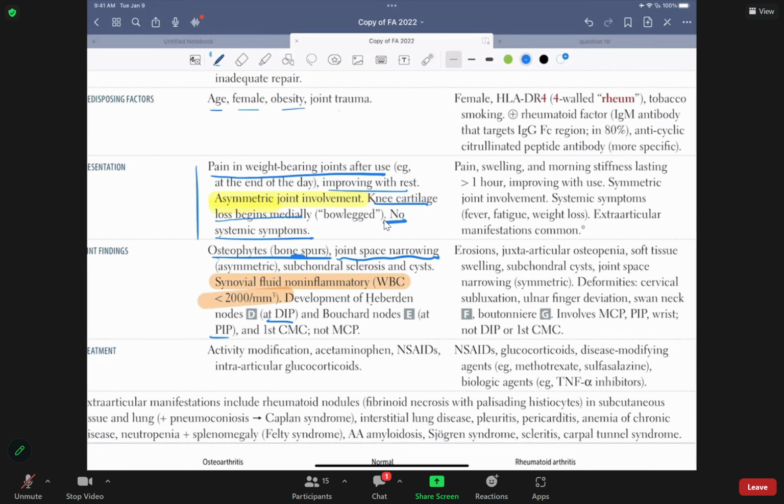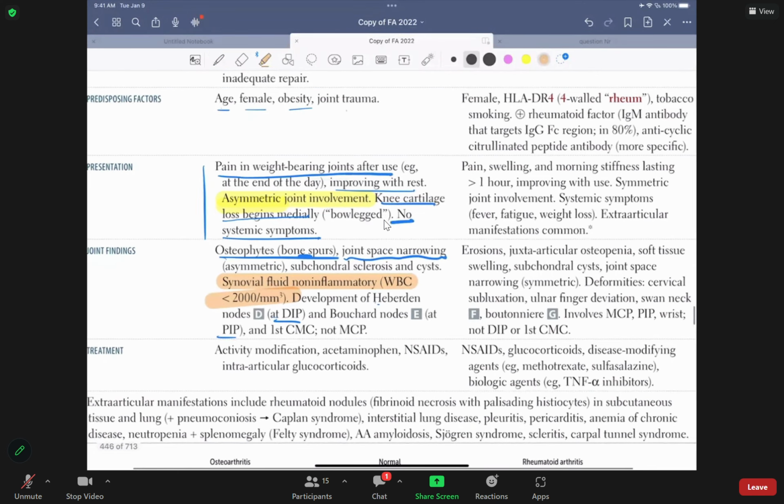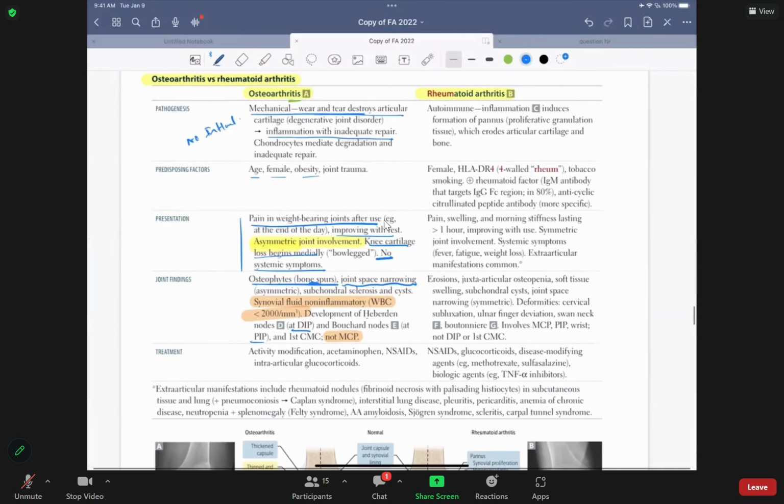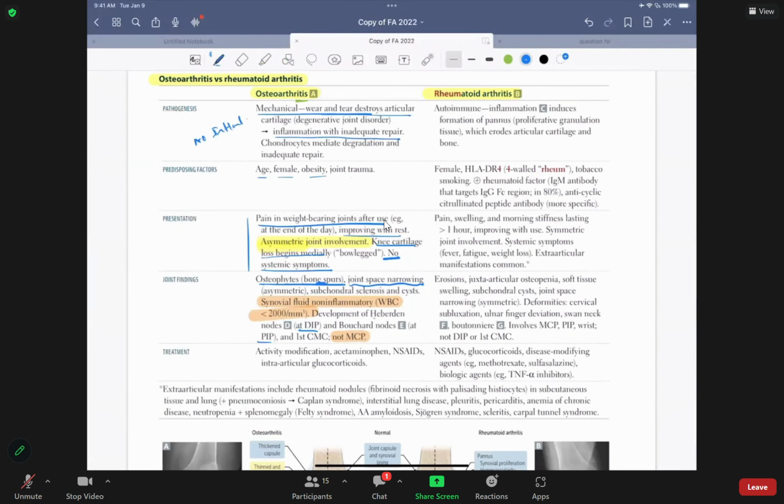So this is proximal and this is distal. Is that clear, folks? All right. If you notice, MCP is never involved. So that's easy to remember. Osteoarthritis will never involve this. Only PIP and DIP. So that's that. I'll come to the treatment in a moment.